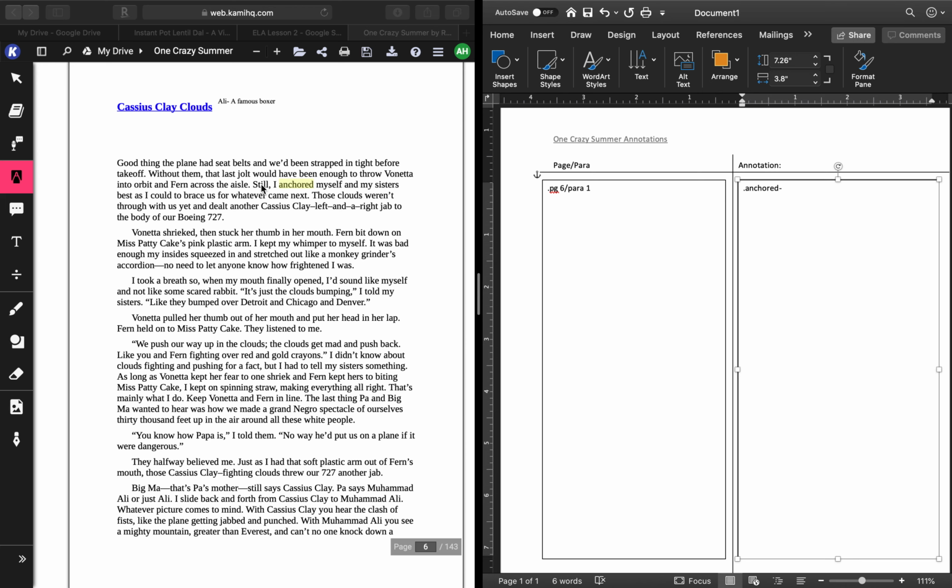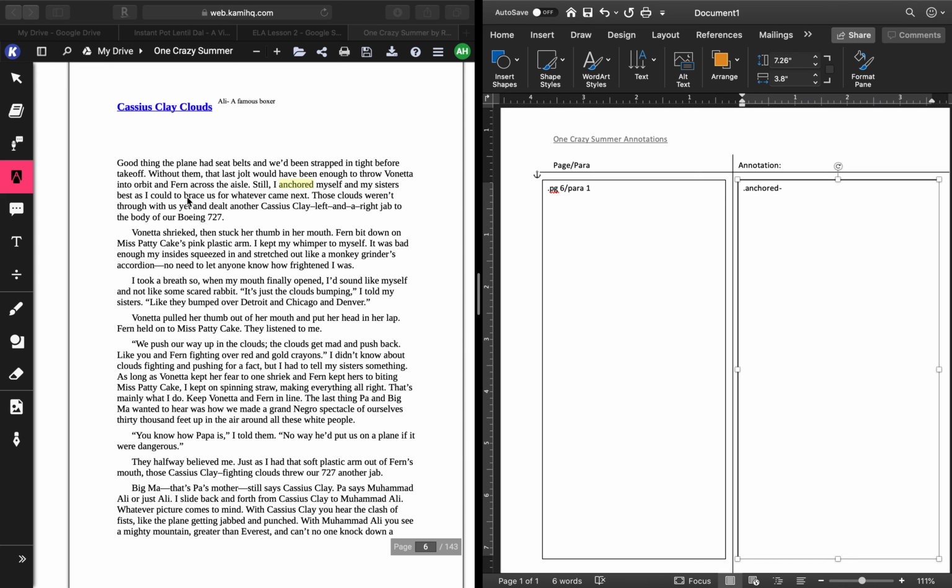So if they're anchoring themselves based on this, they are going to brace themselves. Remember we talk about context clues. We're often given either an explanation, a definition, a synonym, or an antonym. And over here, we're given a synonym, bracing us.